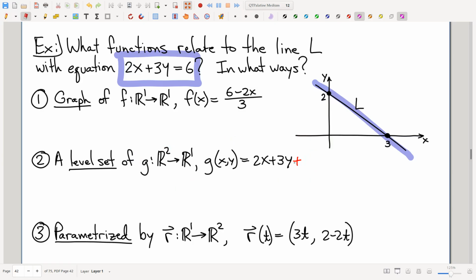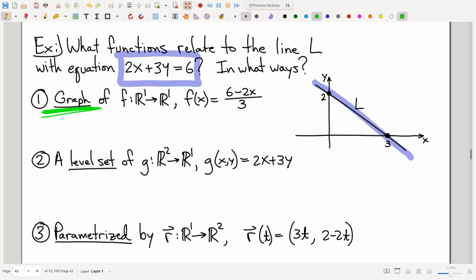Okay. All right. What about the graph? For what function is this up here a graph? And it's tempting to say it's not a graph. If it was a graph, it would say y equals. This doesn't say y equals. I could make it say y equals, though, right? Just solve for y. As long as you're doing reversible, legal algebra, as long as the resulting equation is truly equivalent, which in this case it would be.